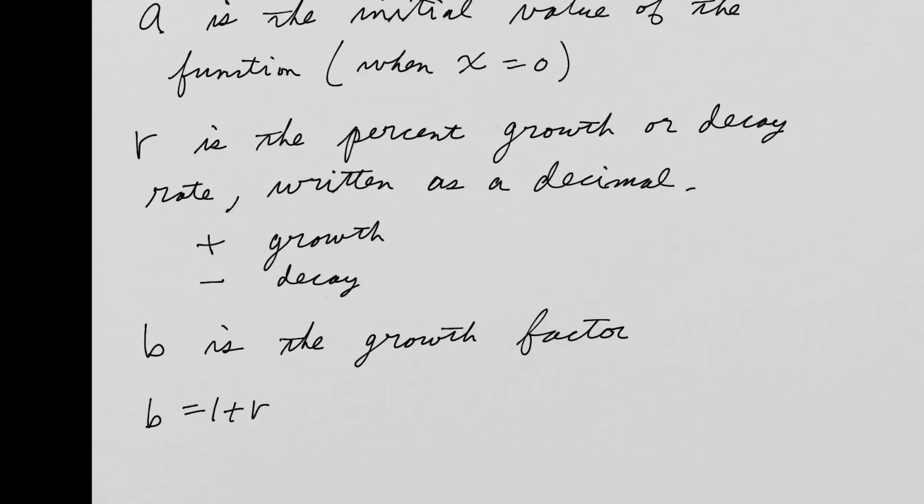And we're always going to assume that b is positive. Otherwise, it jumps back and forth. It doesn't make much sense to have b negative. So for this class, we're going to assume b is positive.